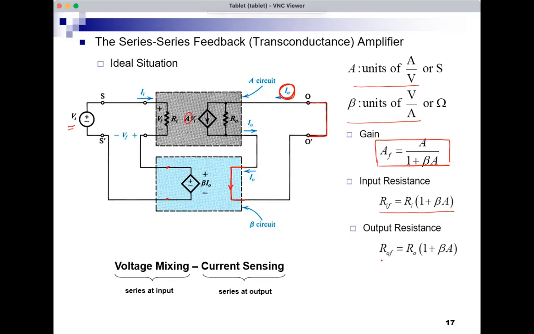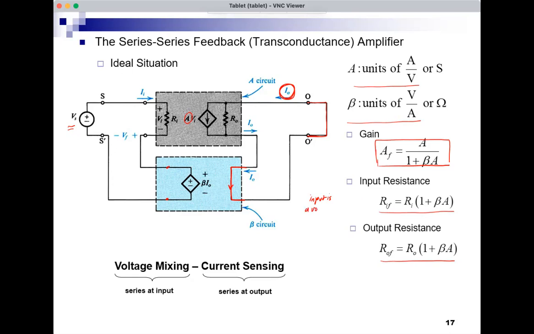And also, we will find that the output resistance also increases. So like the voltage amplifier, the input resistance increases. But unlike the voltage amplifier, the output resistance increases in this case, while it decreases in the voltage amplifier. So is this going in the wrong direction? Actually, no, because the input is a voltage.